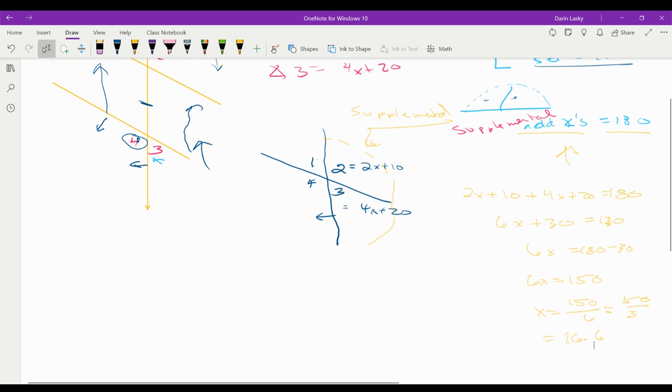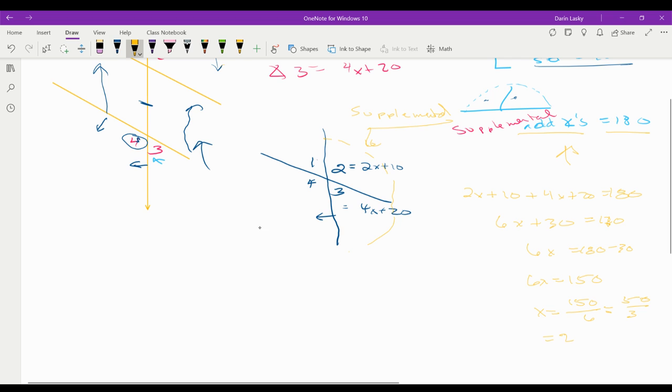So let's check our math real quick. 150 divided by 6 equals 25. Not even close. I know what I did. Nope, that was bad. This is 25. I don't know what I was thinking.